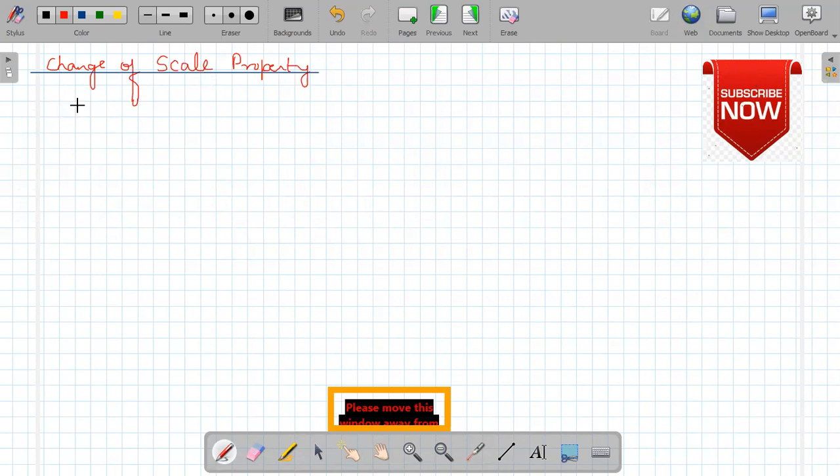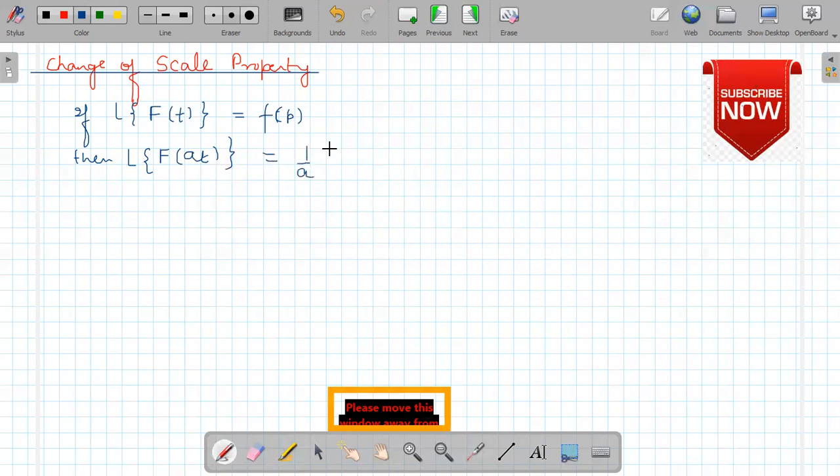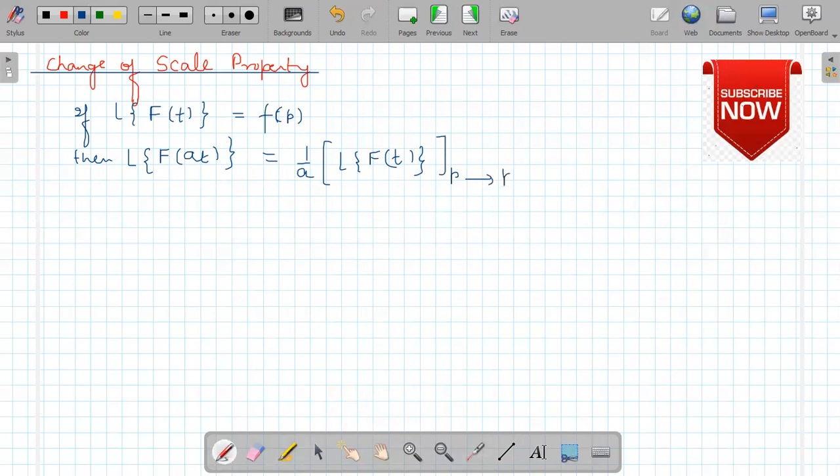Let's see quickly. If Laplace transform of any function f(t) is equal to f(p), then Laplace transform of f(at) will be 1 upon a into Laplace transform of the same function f(t), and p is replaced by p upon a.